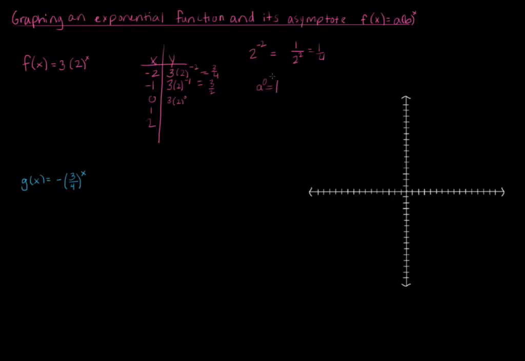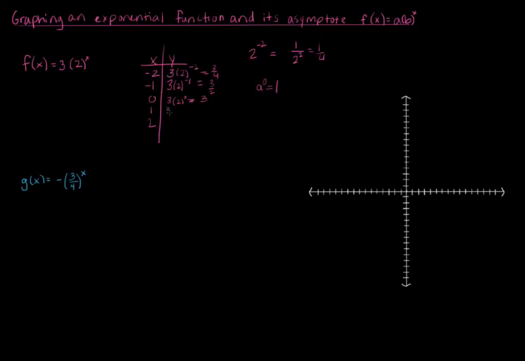And that's because 1 is the multiplicative identity, the thing that when you multiply it by anything, it equals itself. So a to a power means a times a times a however many times. So a to the power no times is just equal to 1, because that's what happens when you multiply nothing. So anything to the 0 power is 1, so it's just 3 times 1, which is just 3.